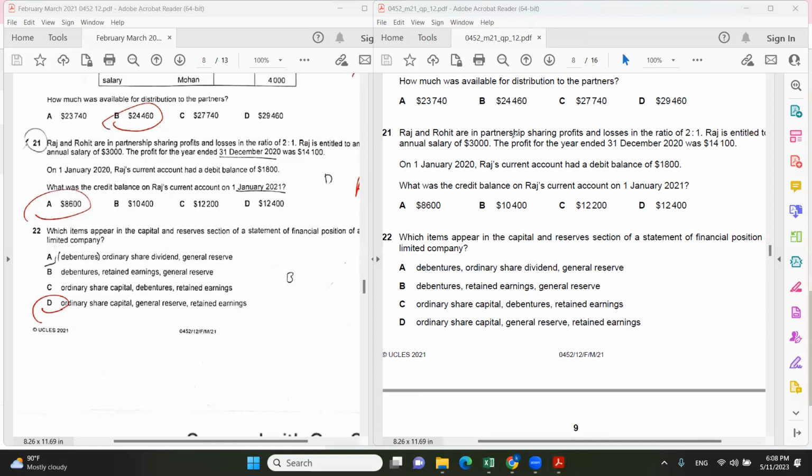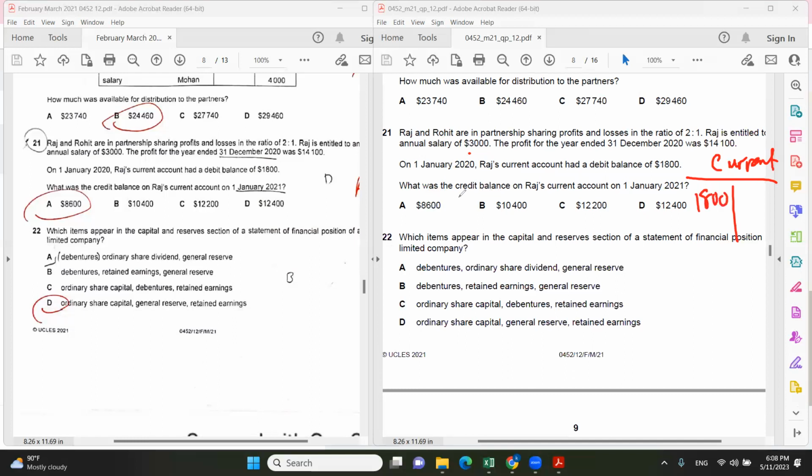Okay, Raj and Rohit are the partner. Share the profit and loss in ratio 2:1. Rohit entitled annual salary 3,000. The profit for the year is 14,100. On 1st Jan 2020, current account is in the debit side, 1,008.